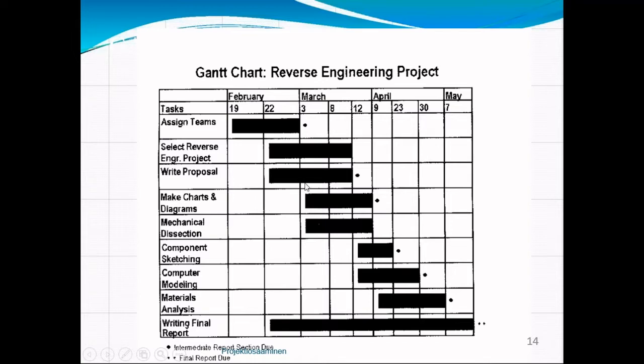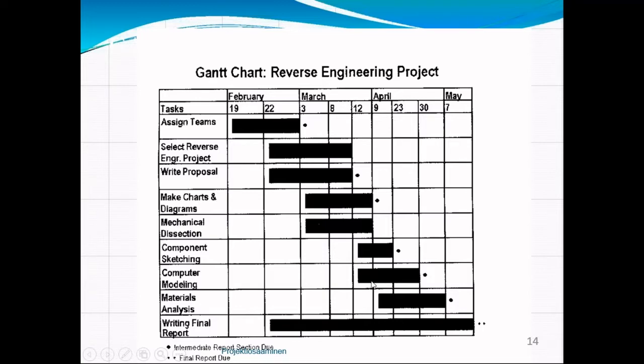And after that, while writing the project, they were doing 7 days of work making charts and diagrams which were required in the thesis or final report, and mechanical dissection was done. Then sketching or drawing, more drawings were done.